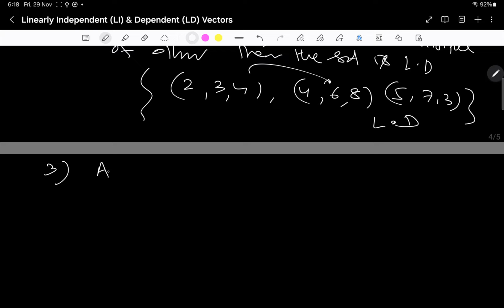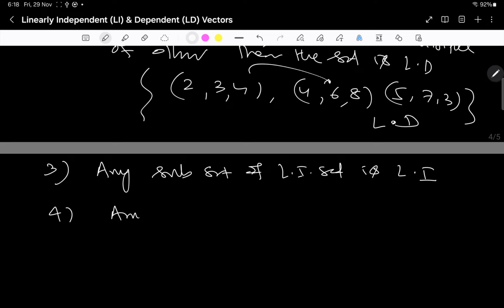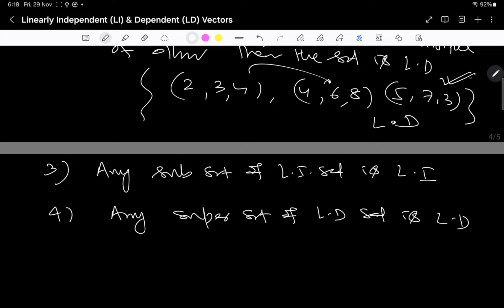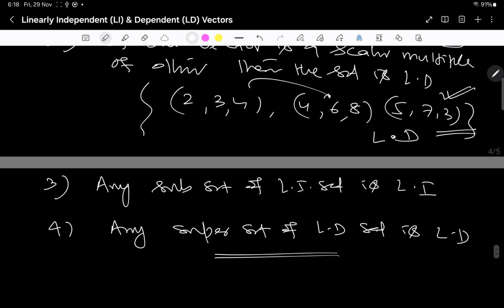Next, any subset of an LI set is LI. Fourth, any superset of an LD set is LD. Suppose I add one extra element here, then it is still LD, is it not? So any superset of an LD set is LD.